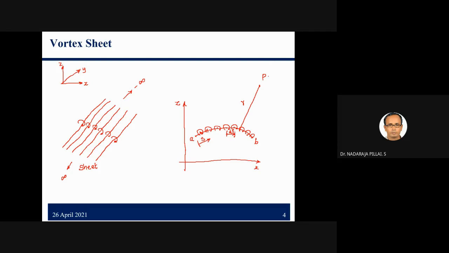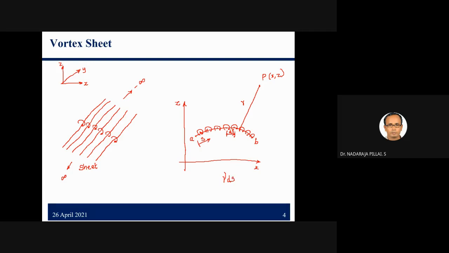So this P is x comma z. Now the small section ds of the vortex sheet has a strength of gamma, so we can say the vortex strength is gamma into ds.